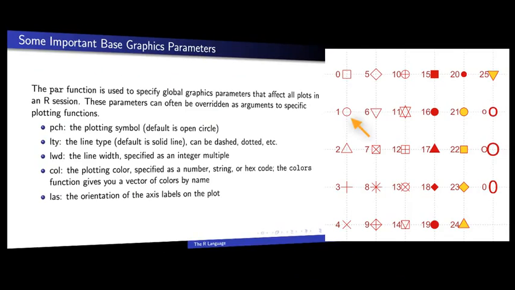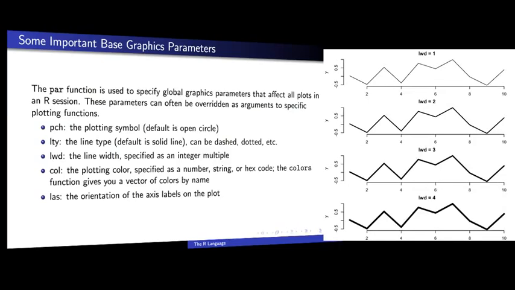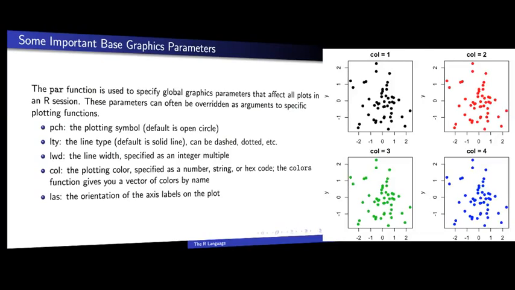The default is an open circle, but there are many options that you can choose from here. lty is the line type, so if you make a plot that has lines in it, for example, like a time series plot or something like that, it specifies what type of line is going to be drawn, and the default, of course, is a solid line, but you can have a dashed line, a dotted line, a dash-dotted line, etc. lwd is the line width, so it controls the thickness of a line that's drawn. col is the plotting color. And this determines what color the plotting symbol, which the default is the open circle, will be plotted in. The default, of course, is going to be black.